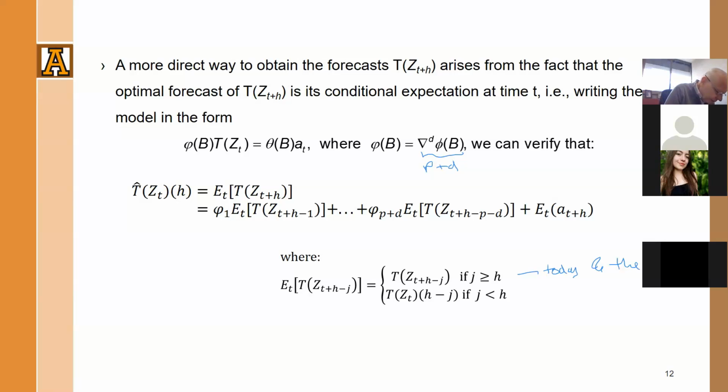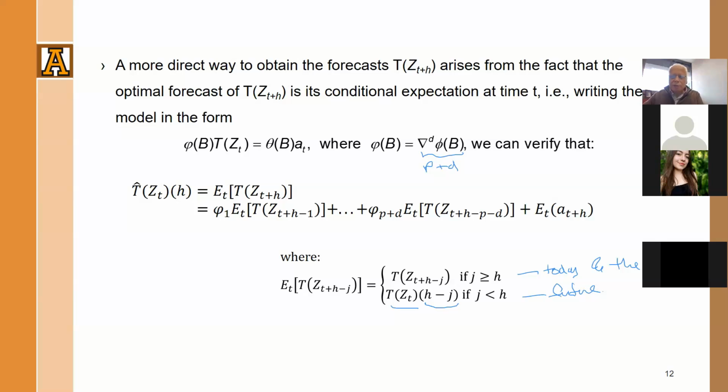And if we're in the future, this conditional expectation is going to be the forecast of T(Z_{t+h-j}) periods ahead, if j is less than h.